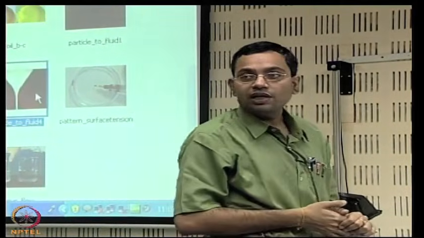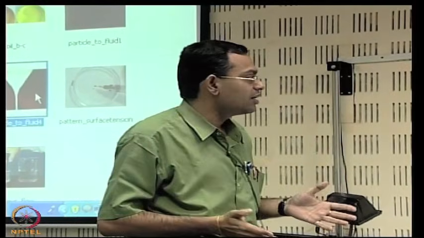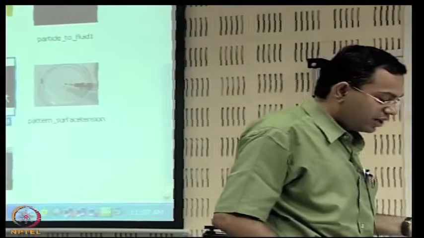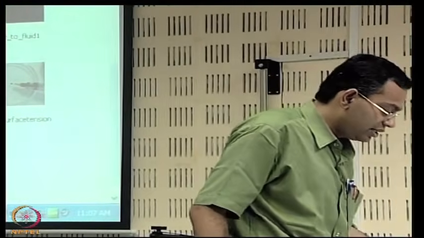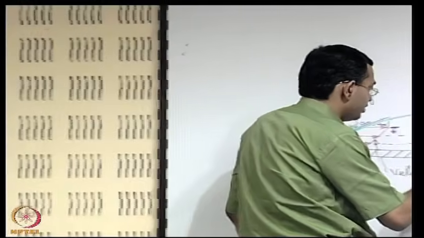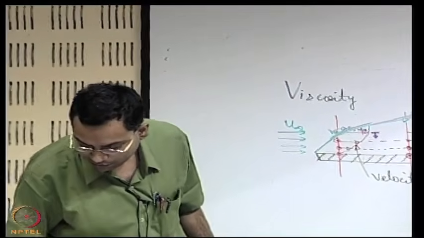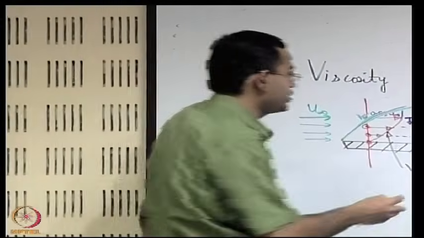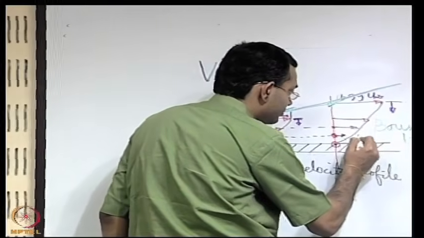That is the whole hallmark of a continuum: we are basically looking for a continuous distribution of matter, and we will first try to analyze the viscosity behavior through that continuum understanding. Let us say that we take a fluid element at a particular location, say close to the wall within the boundary layer.